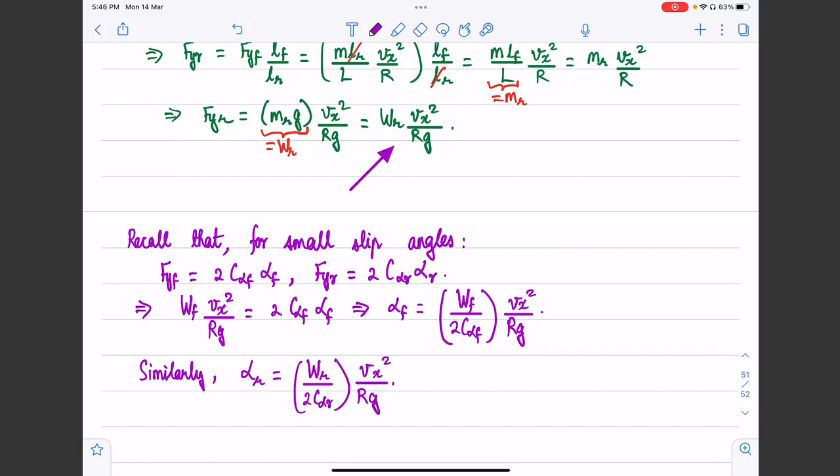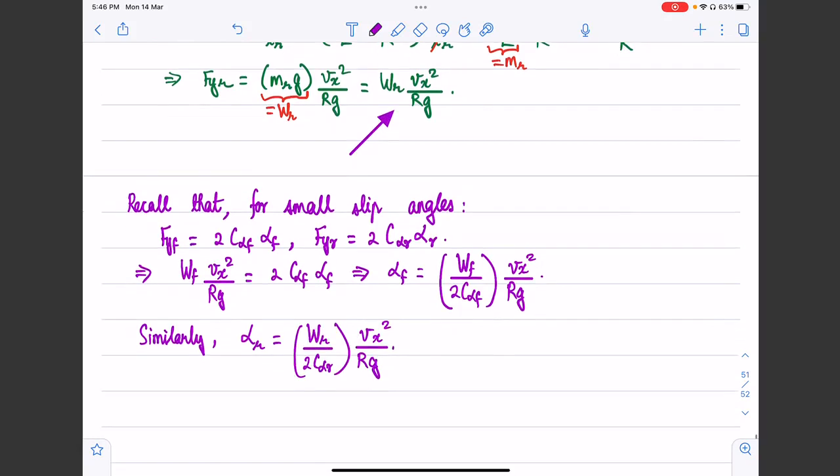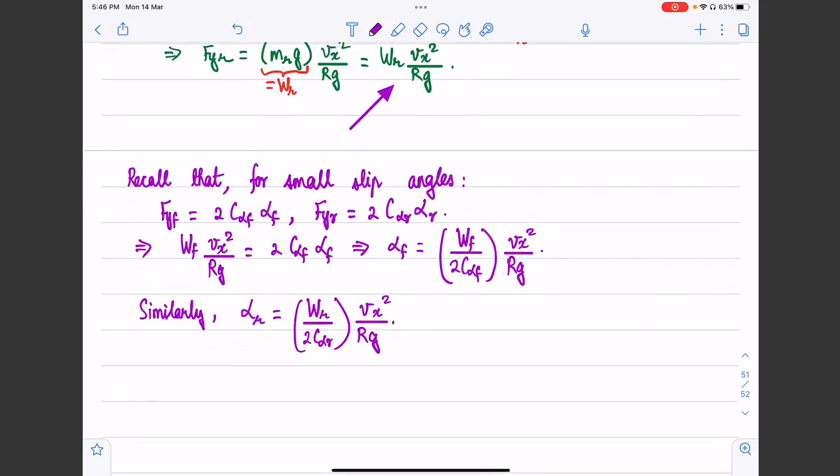Okay, so we have got expressions for alpha f and alpha r. Now we go back and substitute, and we will complete our discussion. So substitute for alpha f and alpha r in the equation delta equal to L by R plus alpha f minus alpha r.